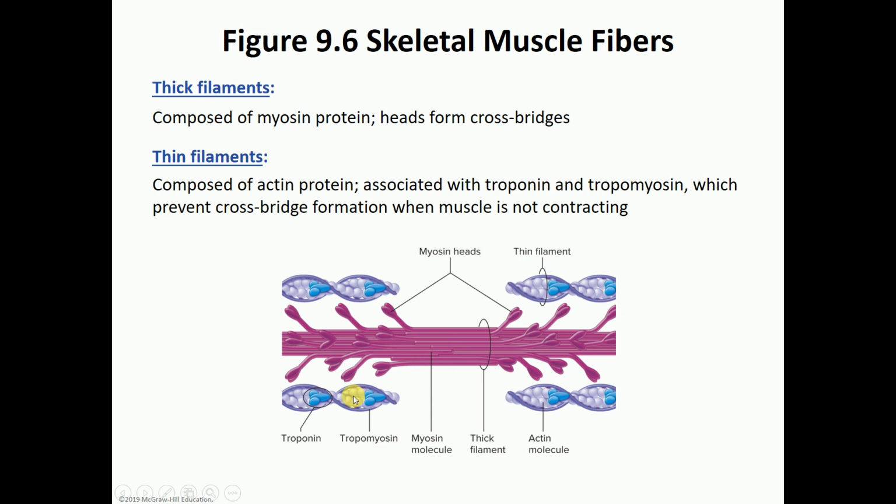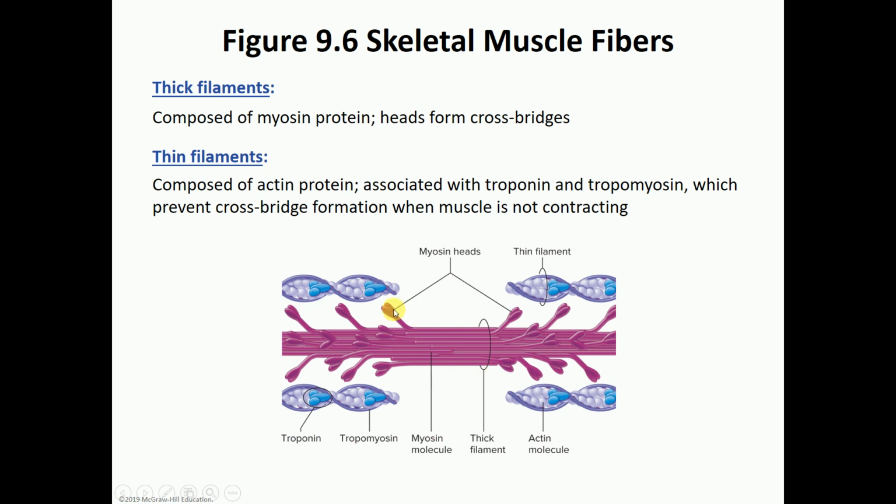When a muscle contracts, what really happens is that this myosin head attaches to an attachment site or active site found on actin. But this fiber here is not contracted, it's relaxed.